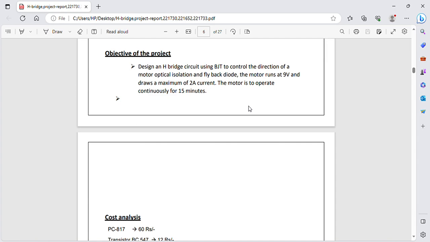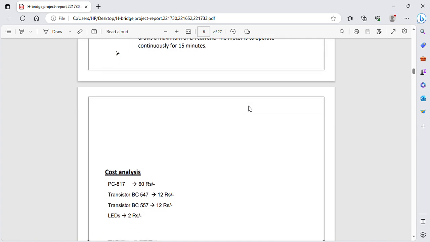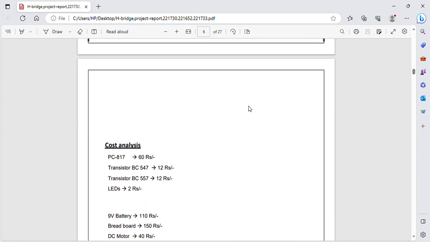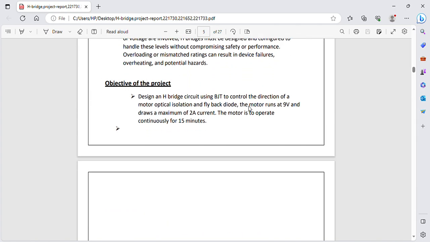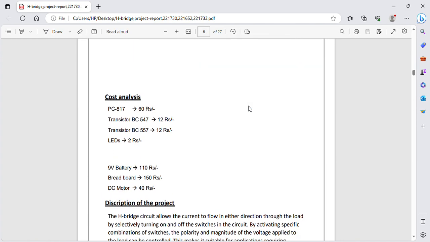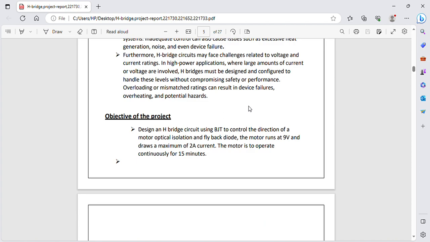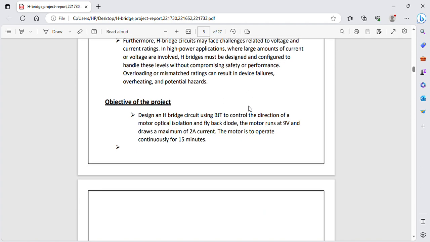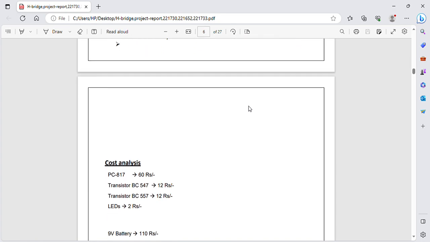The motor is to operate continuously for 15 minutes to check that the paths are of good size, that they are able to flow a current of 2 amperes for at least 15 minutes.